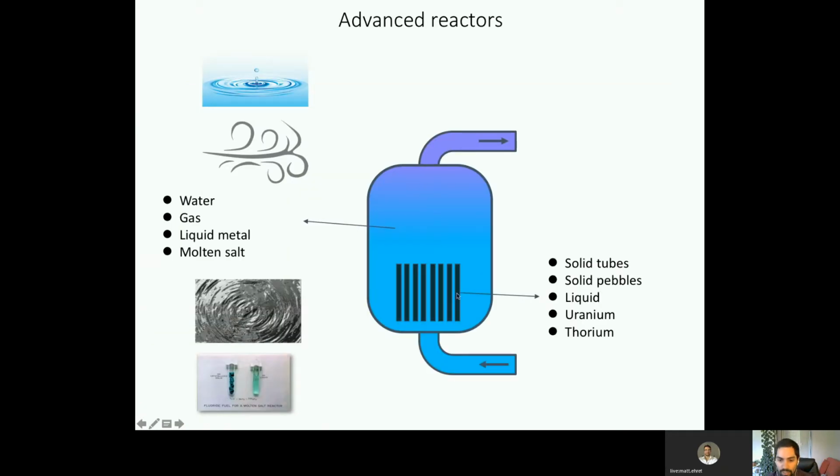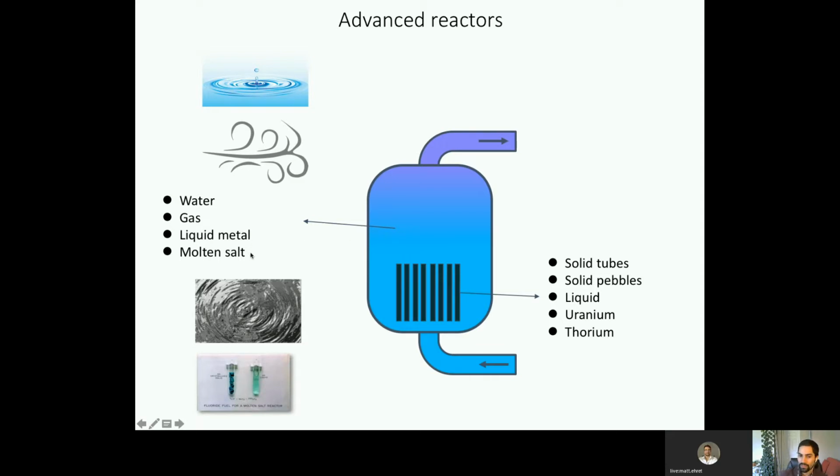So let's go back to our simple little reactor here. I said that most reactors use water here and tubes of uranium. This is true for most reactors, but it doesn't have to be like this. This can be another type of fluid, like gas, helium, or it can be a liquid metal like lead or sodium.